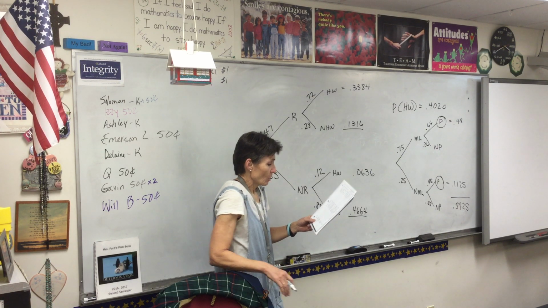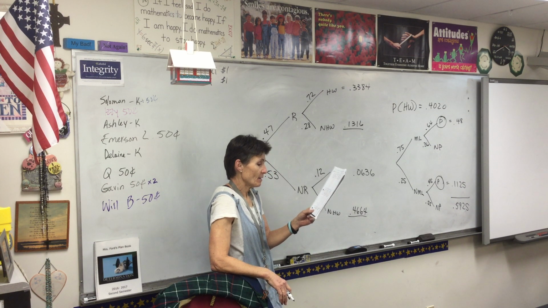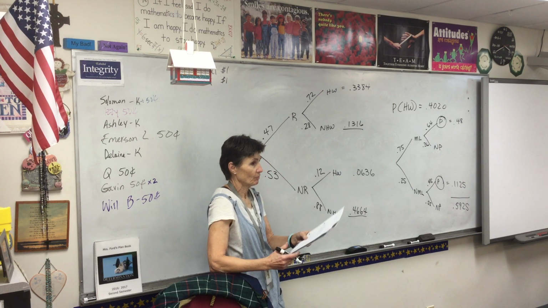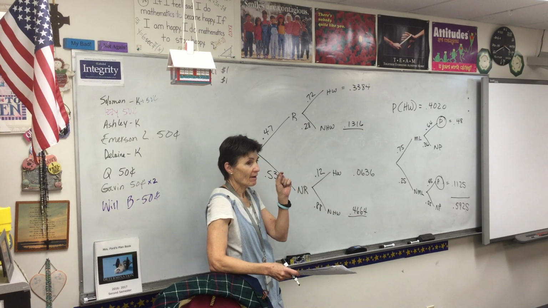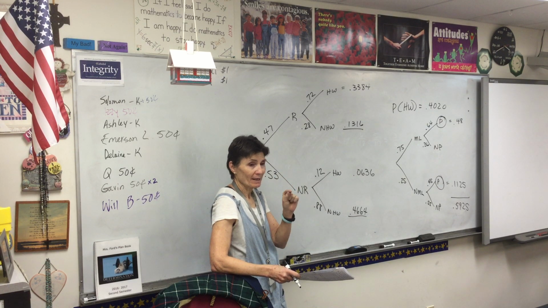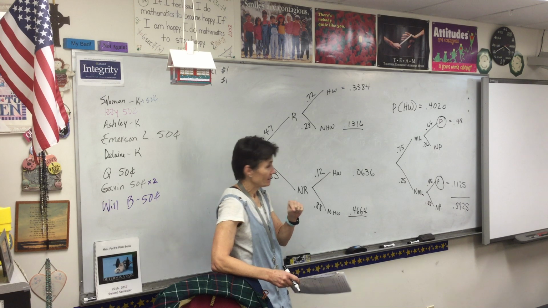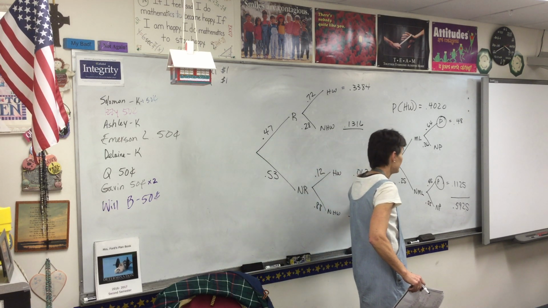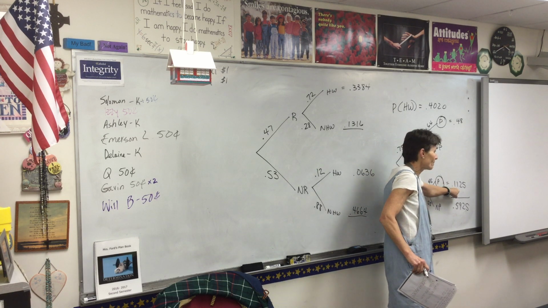Number 4. What is the probability that we'll have potatoes and not meatloaf? So we'll have potatoes, but not meatloaf. Now wait a minute, what am I looking at? If we're going to have potatoes and not meatloaf, wouldn't that be this number right here?